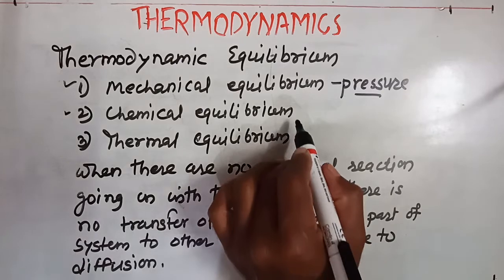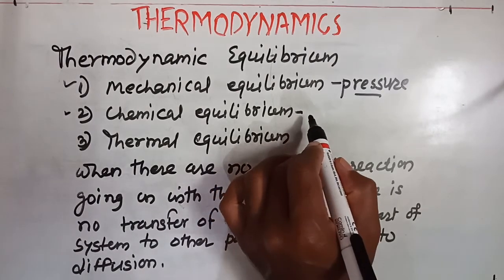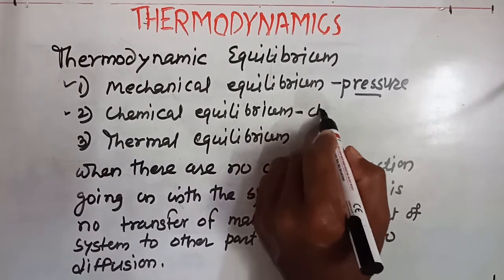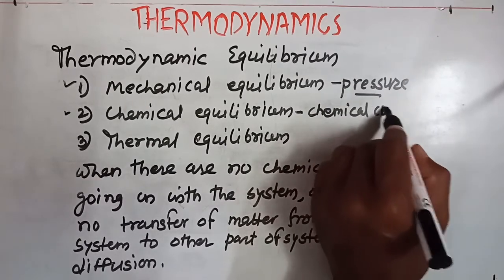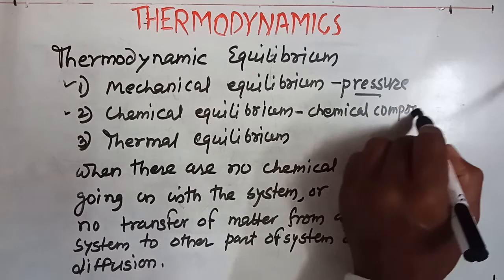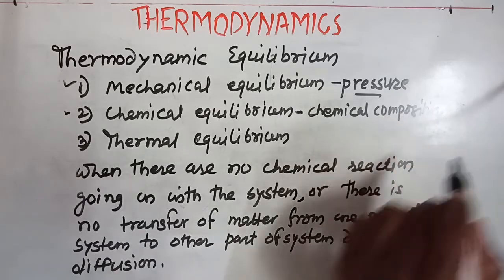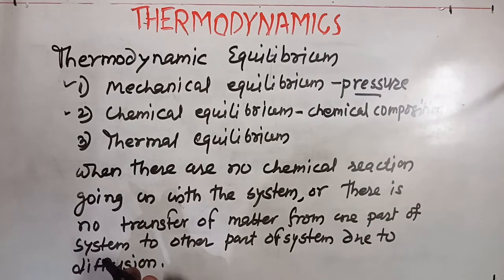The system is in chemical equilibrium when the chemical composition is uniform. Then we say that that system is in chemical equilibrium.